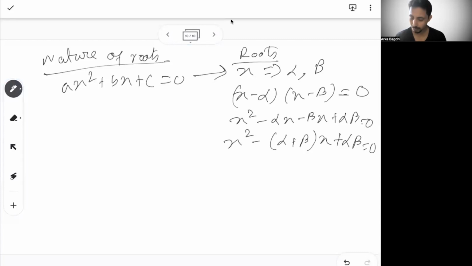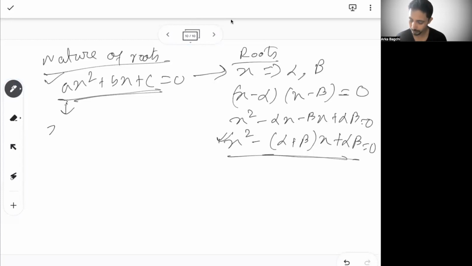So ideally, this equation and this equation should be same. Here x square has a as a coefficient, but here x square has 1 as a coefficient. So if I divide this equation by a, then x square will also have 1 as a coefficient.